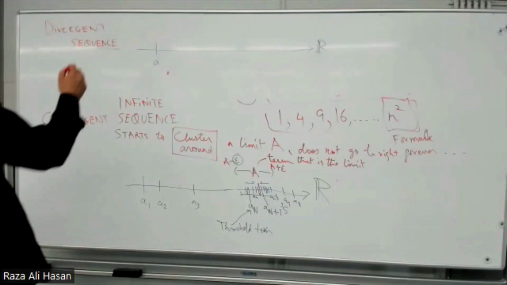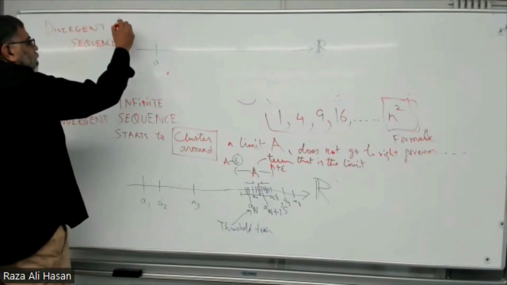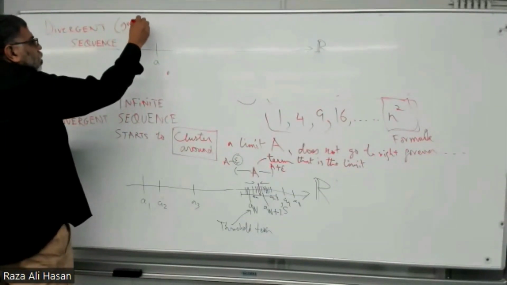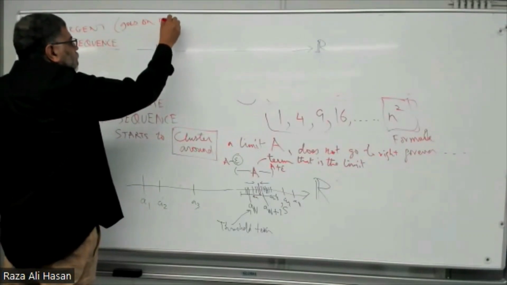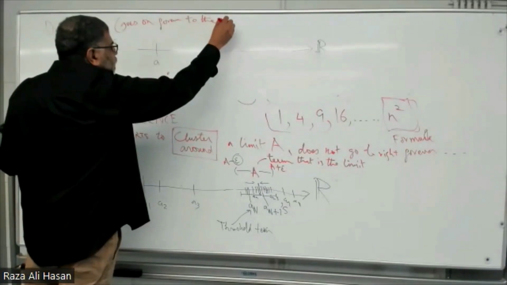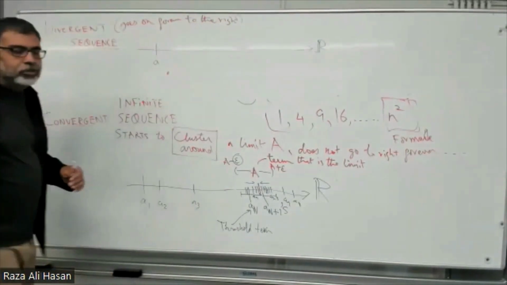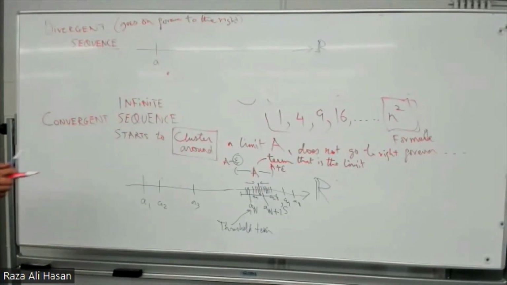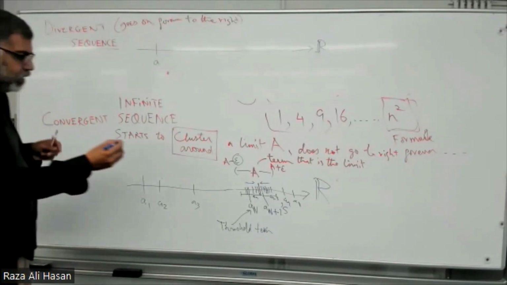So it goes on forever to the right or left. We're just doing right here. So you do see the difference here. Before we do that, this is very important.